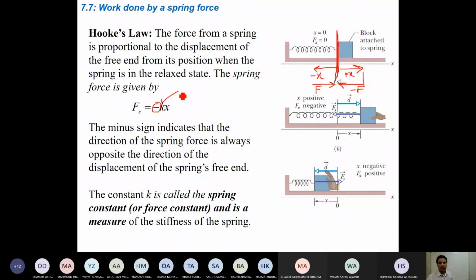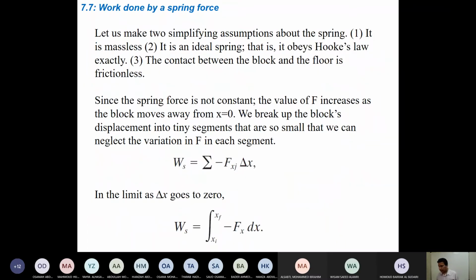So let's try to understand how to tackle this and how to determine the work done by this force. When you are applying Hooke's law, we need to make 3 assumptions first of all. The first is that we will consider the spring massless, even though we know the spring has some mass; we will be neglecting the mass of the spring. Second, it is an ideal spring, meaning it obeys Hooke's law.